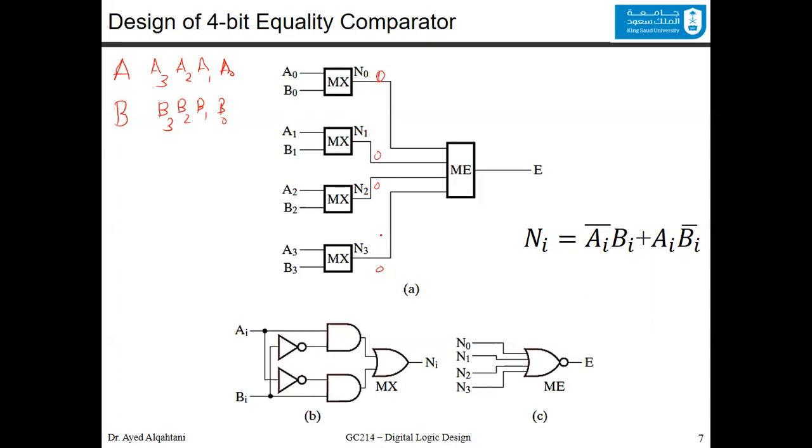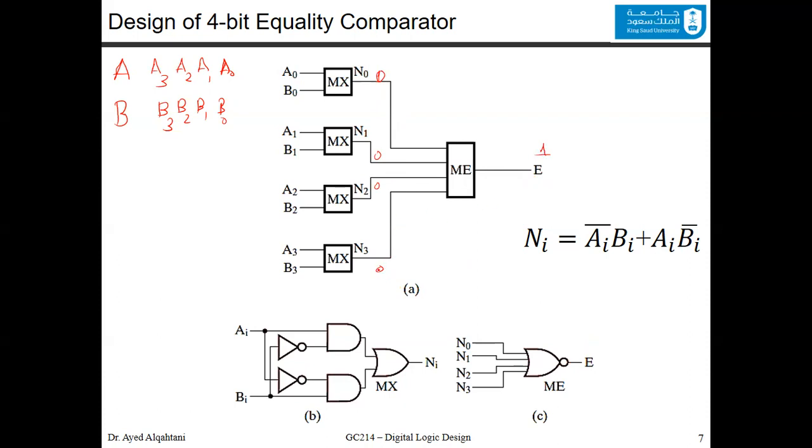Now, these outputs, the M's, will be the input for the ME block, and the ME block is a symbol for a 4-input NOR gate. If you have zeros, which means A and B are equal, it will generate 1, meaning that they are equal.